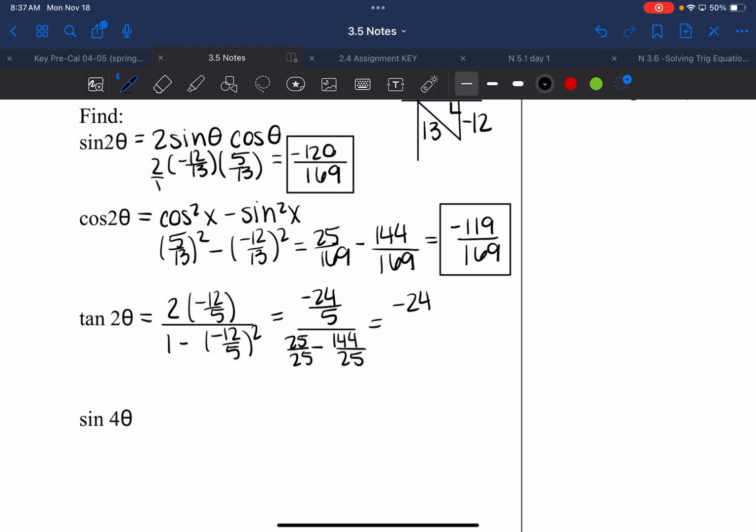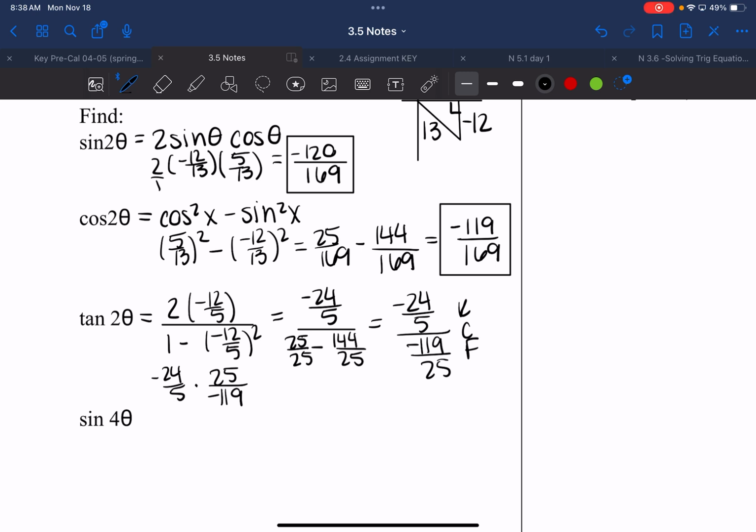So we're left with 24 over 5 over negative 119 over 25, right? So now I've got a fraction and a fraction. What am I going to do? Right. Keep, change, flip. All right, so I'm going to have negative 24 over 5 times 25 over negative 119.